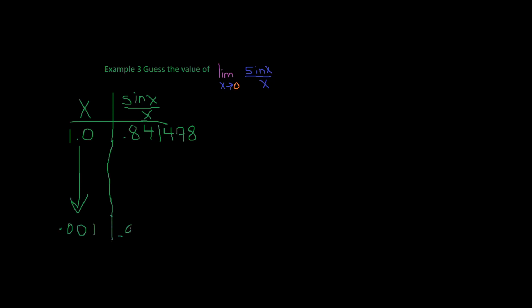I'm going to get 0.999, etc. And so it looks like when x is approaching a, or 0 in this case, it's going to give us 1. And so we're going to have to say the limit of the function f of x, which equals sine x divided by x as x approaches 0, is equal to 1.